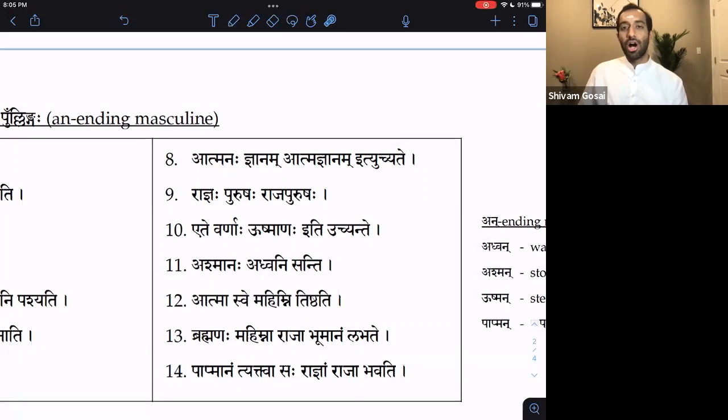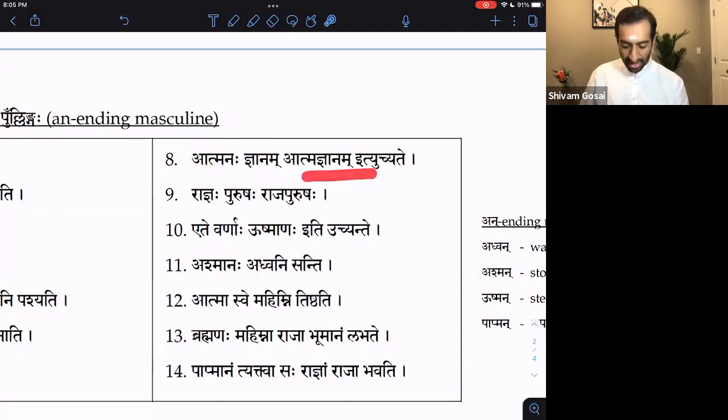When we're doing a compound word, it usually has a relationship between the two words. It's not just that they're joined together. It's not just self-knowledge, it's the knowledge of the self.